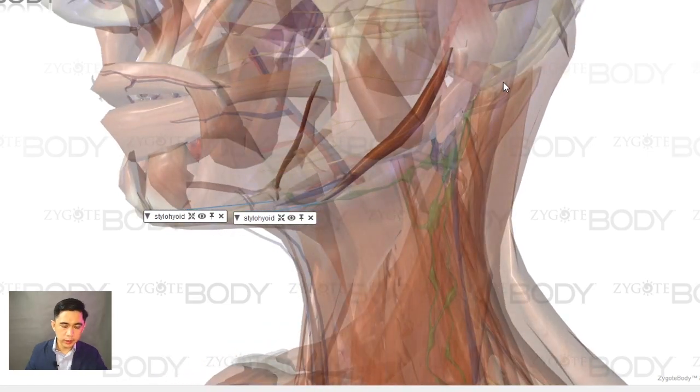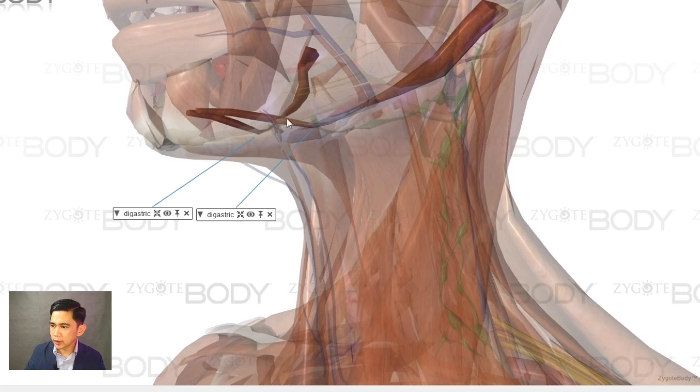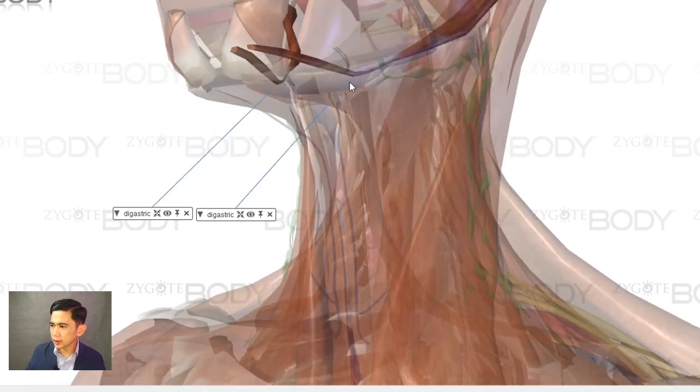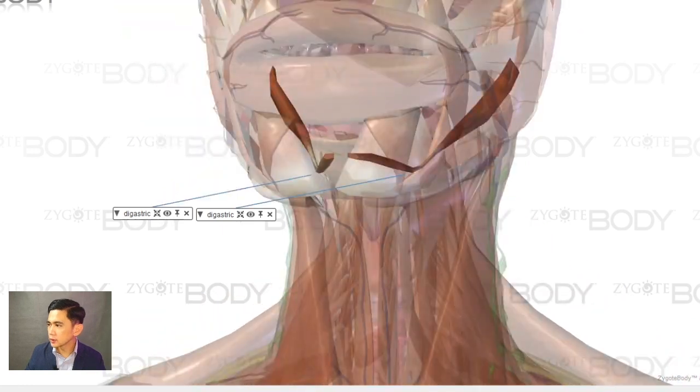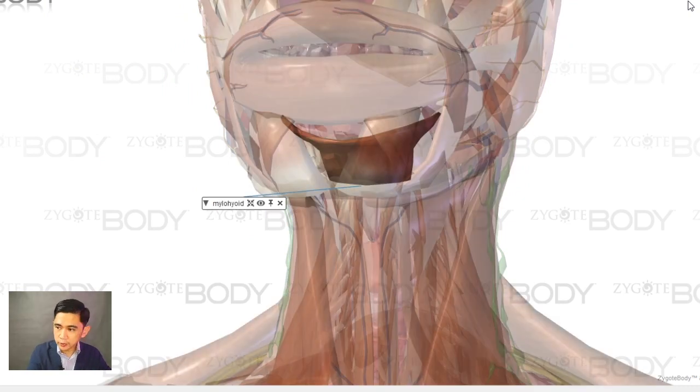Notice that the majority of the floor of the mouth is formed by the mylohyoid muscle, and we have the digastric. We have the anterior belly. It has a tendinous attachment to the hyoid bone. So notice that of all the suprahyoid muscles, the biggest one, which forms most of the floor of the mouth, is the mylohyoid muscle.